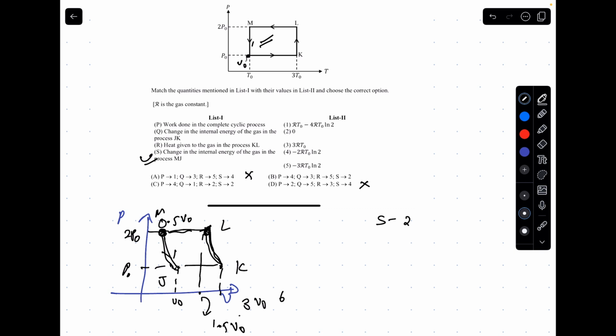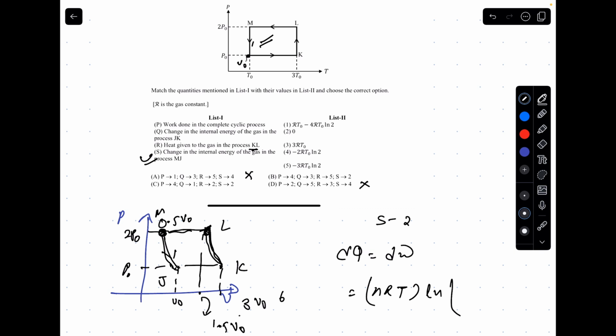Now in the next I can solve the heat given in the process K to L. What is the heat given? Temperature is constant. We know if temperature is constant, then dQ will be equal to dW, right? And dW will be nRT, whatever the temperature is there, ln V2/V1 or P1/P2.